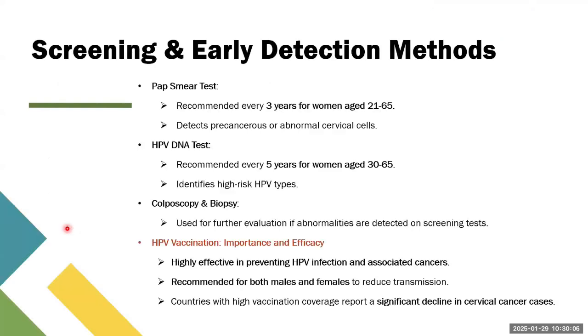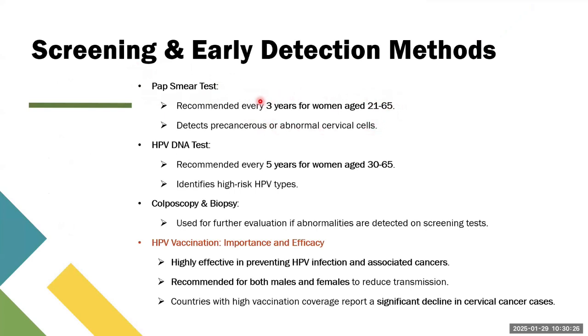Next come the screening and early detection methods. Some of you might be aware of the pap smear test. Usually it is recommended every 3 years for females aged 21 to 65. It might detect precancerous or abnormal cervical cells.